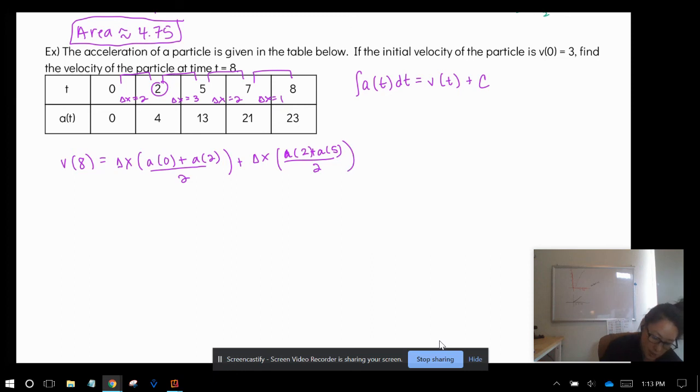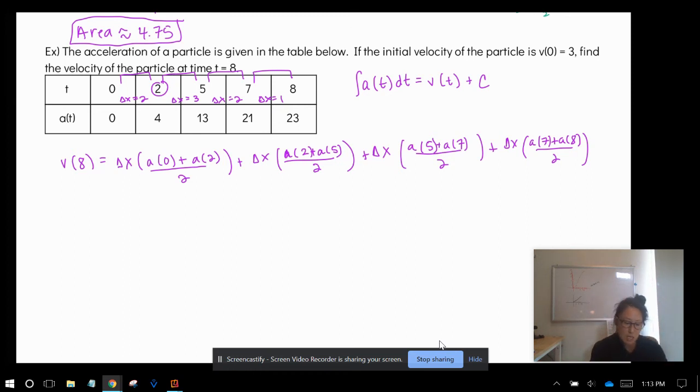Heights are being averaged times delta x times a of 5 plus a of 7 all over 2 plus delta x times a of 7 plus a of 8 all over 2.